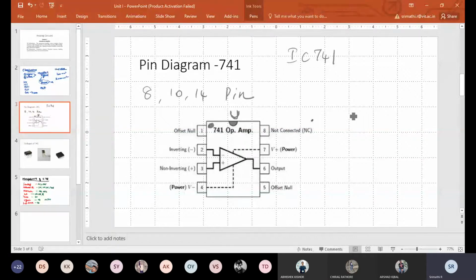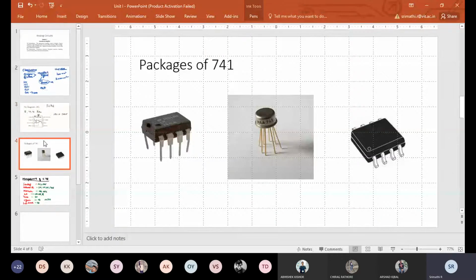The power supply ranges from plus or minus 5 volts to plus or minus 22 volts. Pin number 8 has no connection, and you have an offset null at pin number 1 and pin number 5.